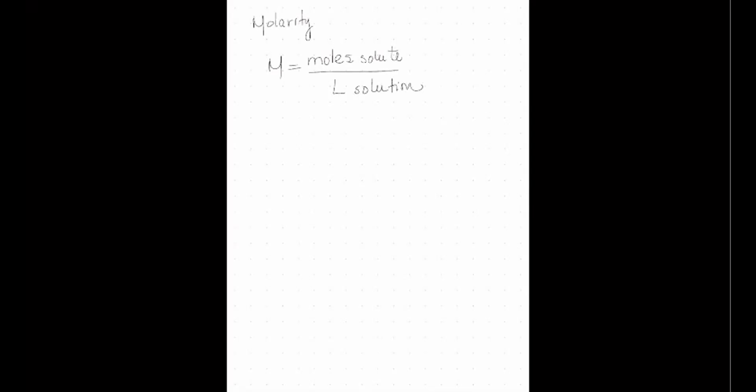Okay, so whenever we are dealing with molarity, there's a few things that we can do.